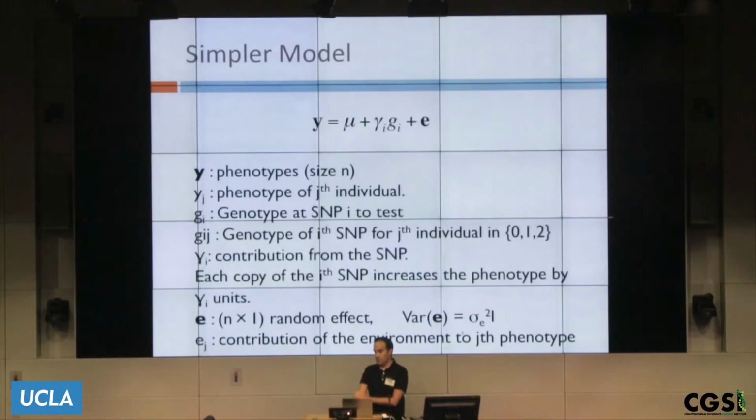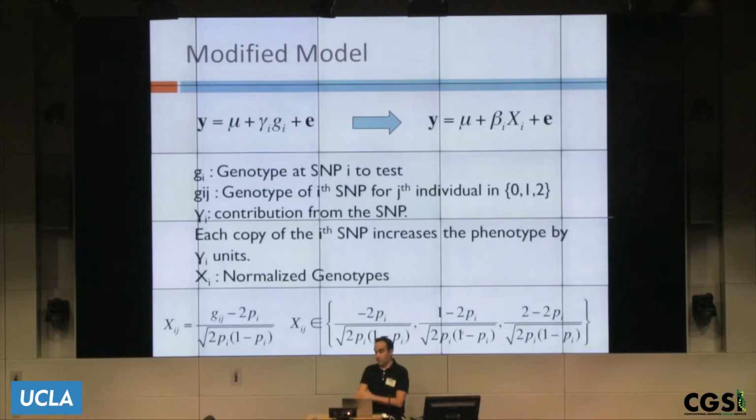They transform their model, and essentially they remap these genotypes from 0, 1, 2. Instead of 0, 1, 2, wherever it was a 0, it's this value. Wherever it's a 1, it's this value. Wherever it's a 2, it's this value. Okay, and so P is the frequency of that variant in the population.